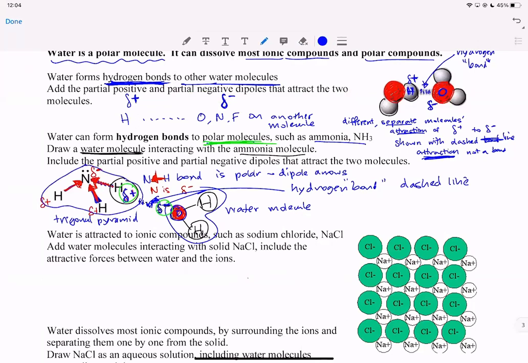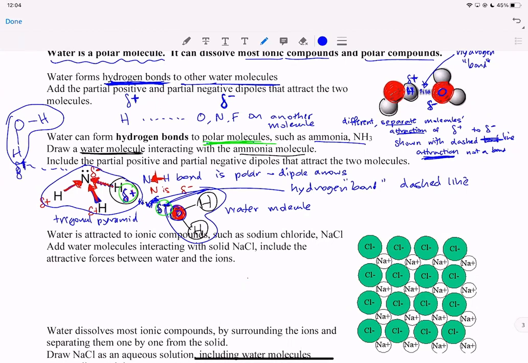That's the ammonia molecule, which can also be attracted to the partial positive of water. So the partial positive of water is the hydrogen. So that's the hydrogen, and that's a different water molecule than this water molecule. This is the partial positive hydrogen that is attracted to the partial negative of the ammonia. That's on the nitrogen.